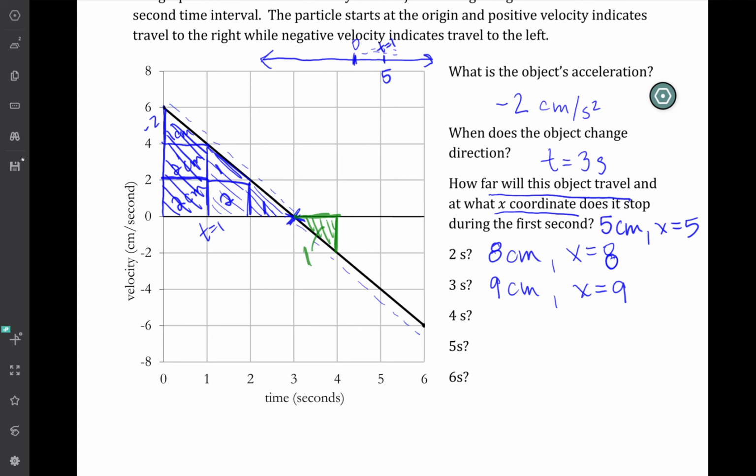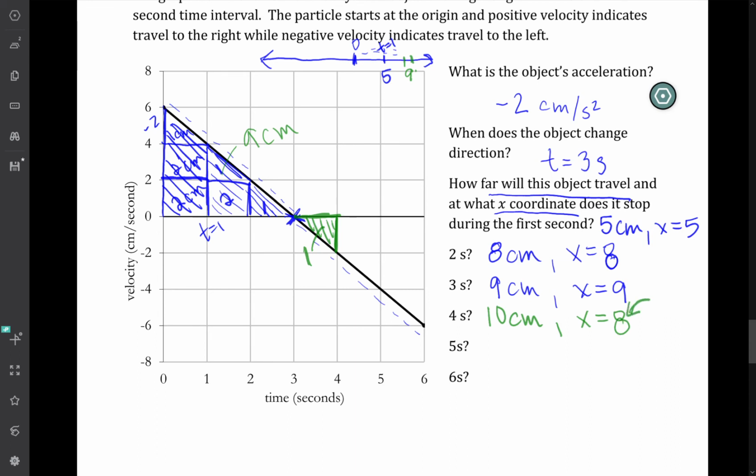So now we've traveled 9 centimeters total up here and 1 centimeter back where we started. So that's a grand total of 10 centimeters. So total distance traveled is 10 centimeters, but our x-coordinate is not 10 because we've actually backed up. So we went way out to 9, and then we went back 1, and we're now sitting at x equals 8 again. Okay, so this is important.